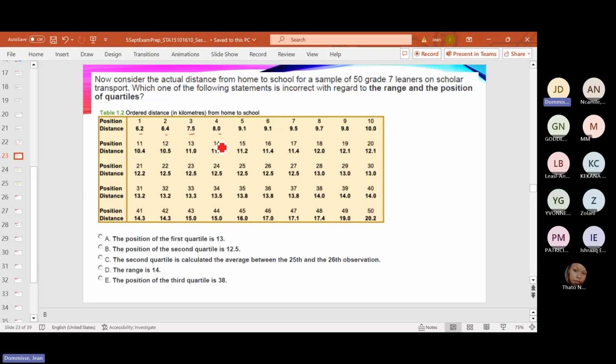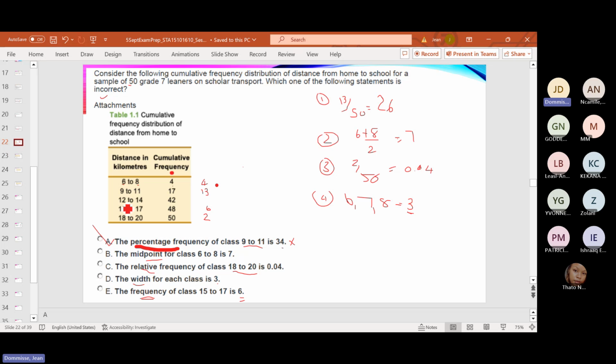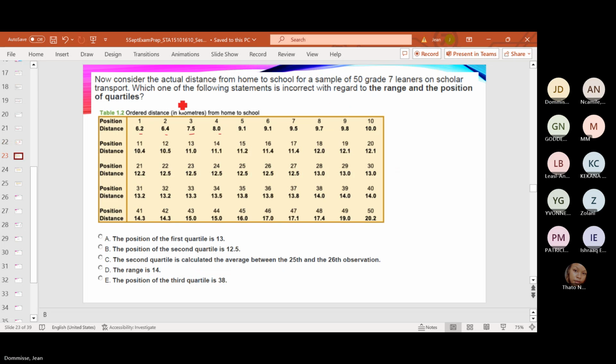Again, just a way of showing how a data set like this can be summarized into something as small as table 1.1. Okay, so one of the nice things here, they already tell us the data is ordered.